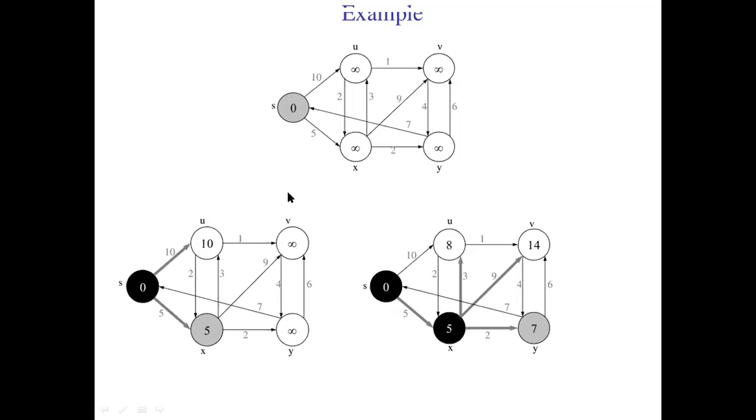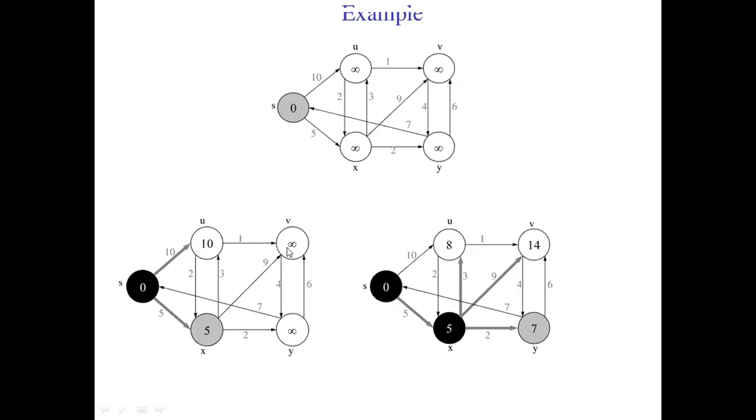S to X is given, that is 5. There is no direct path from S to V, so we consider this distance as infinity, and again S to Y is infinity. So now there are 4 paths with distances 10, 5, infinity and infinity.